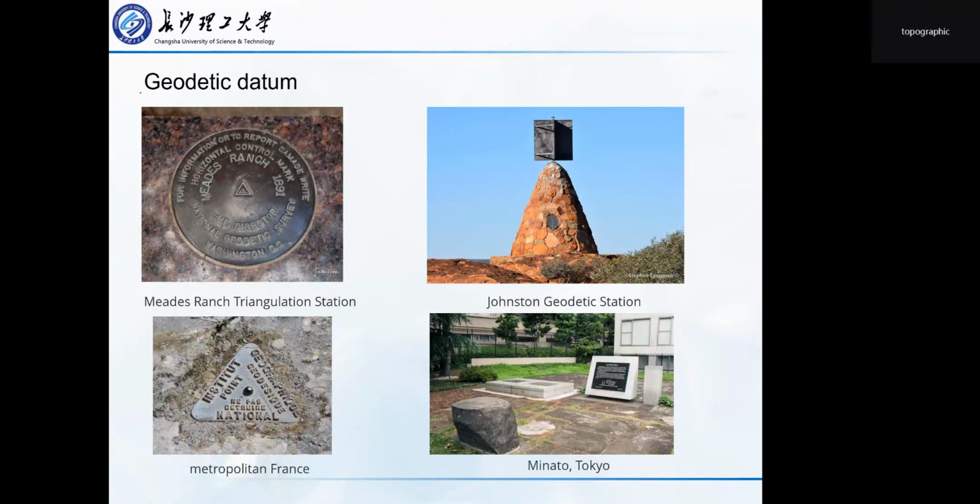Now we know how to draw the contour maps, and how to determine the elevation number, and we have to use the geodetic datum to get every elevation point.